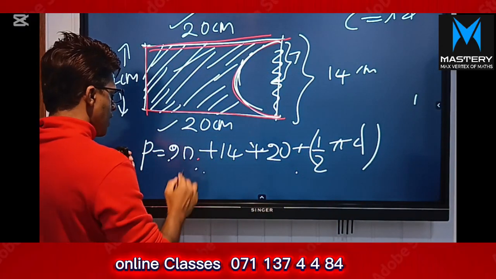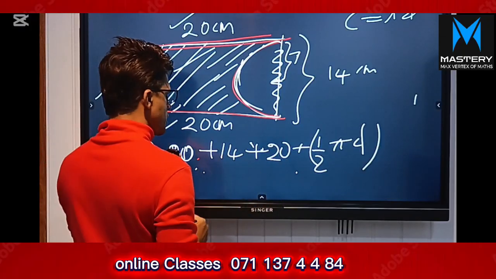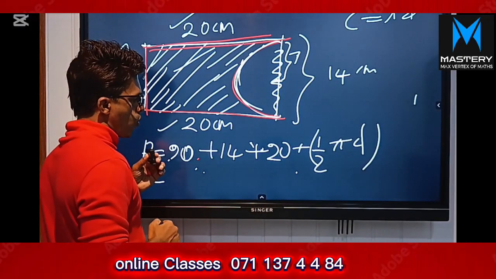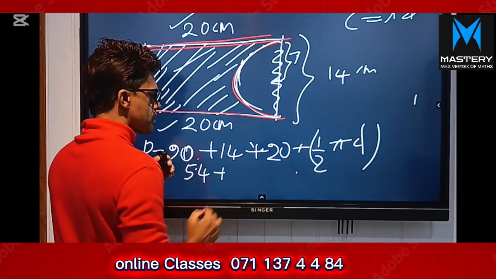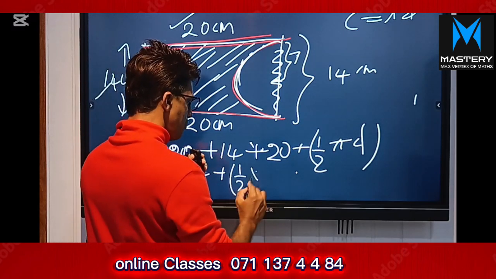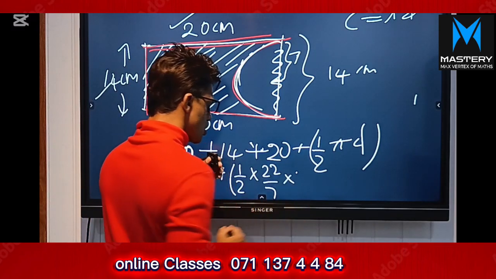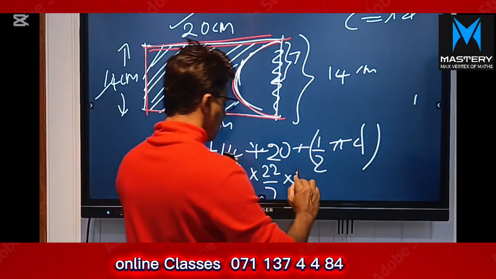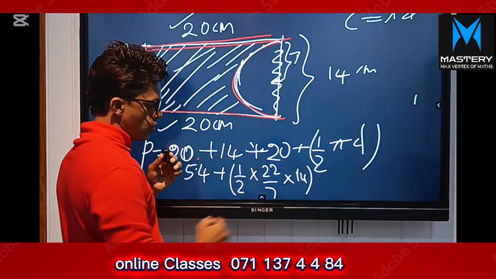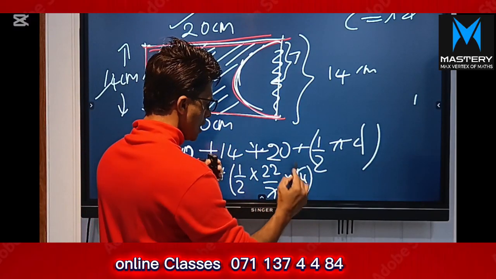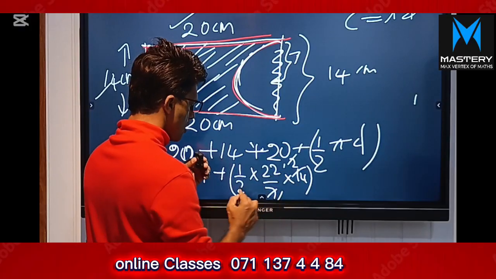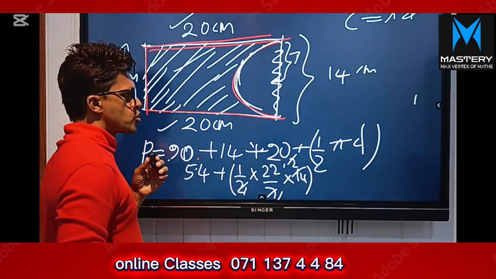So right now let's simplify. 20 plus 20, 40, 40 plus 14, 54. 54 plus half times pi, where pi is 22 over 7 and d equals 14. This can be simplified: one time, two times, then this 2 and this 2, one time, one time. So it remains 22.